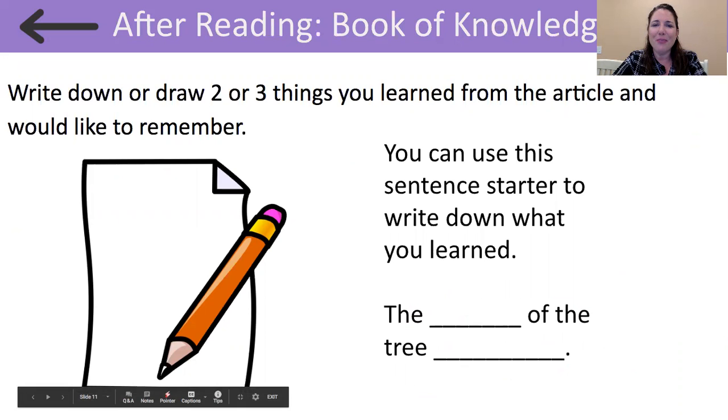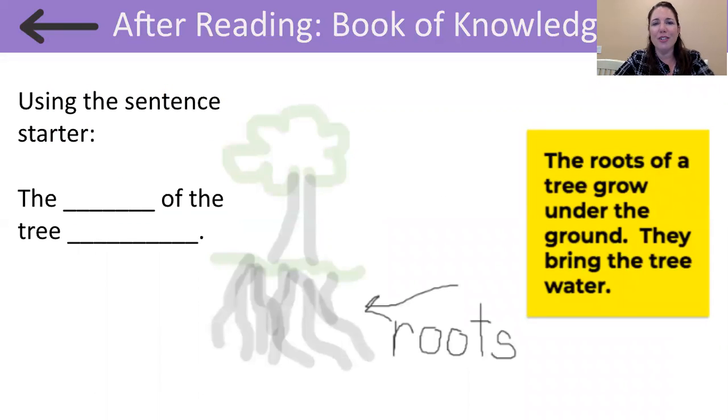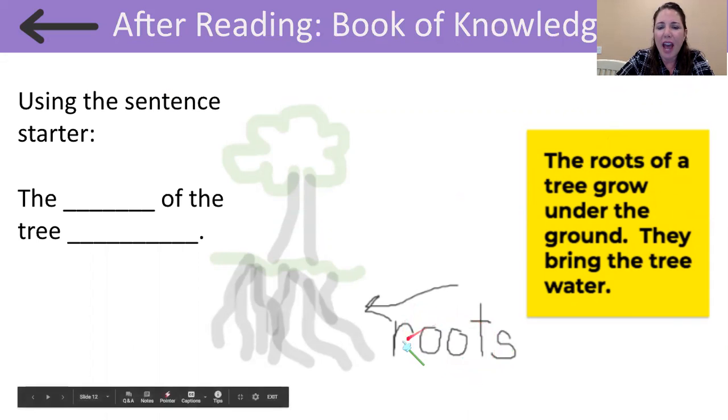So, readers, who can share what they learned from this article a day? Great job, readers. And as I was reading the text, like you, I noticed that the tree has roots, and it said that the roots are under the ground.